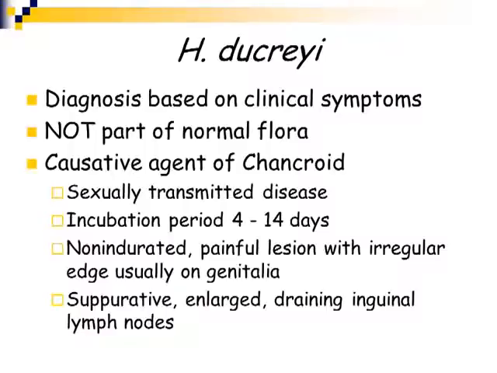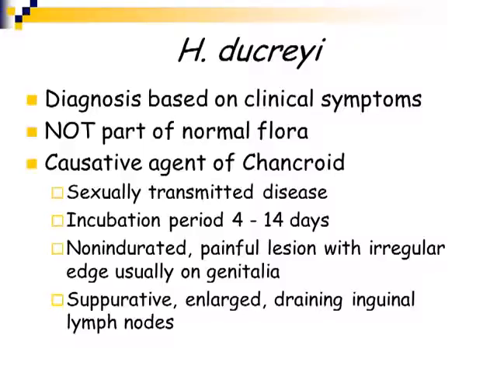Haemophilus ducreyi is usually diagnosed based on clinical symptoms. Now, Haemophilus ducreyi is never part of the normal flora. So again, your light bulbs in your head should be going off. There's another organism we've talked about that is never normal flora, and that organism is Neisseria gonorrhoeae. Now, both Neisseria gonorrhoeae and Haemophilus ducreyi are sexually transmitted infections.